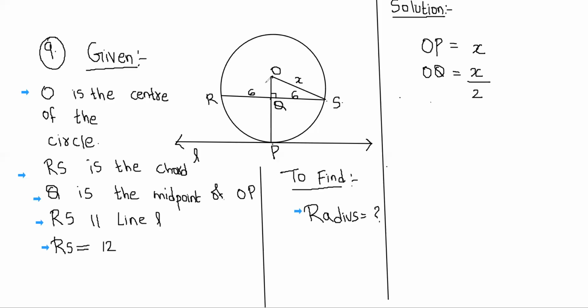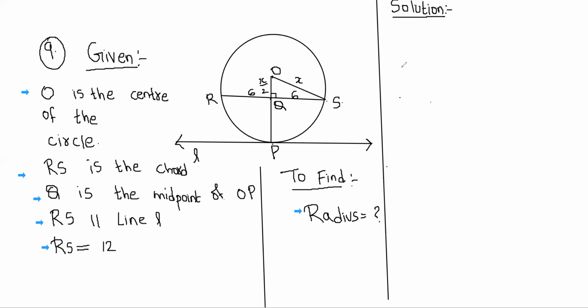OQ will be X upon 2. So after showing all this, we can use Pythagoras theorem in triangle OQS and we can find the value of x, that is the radius.